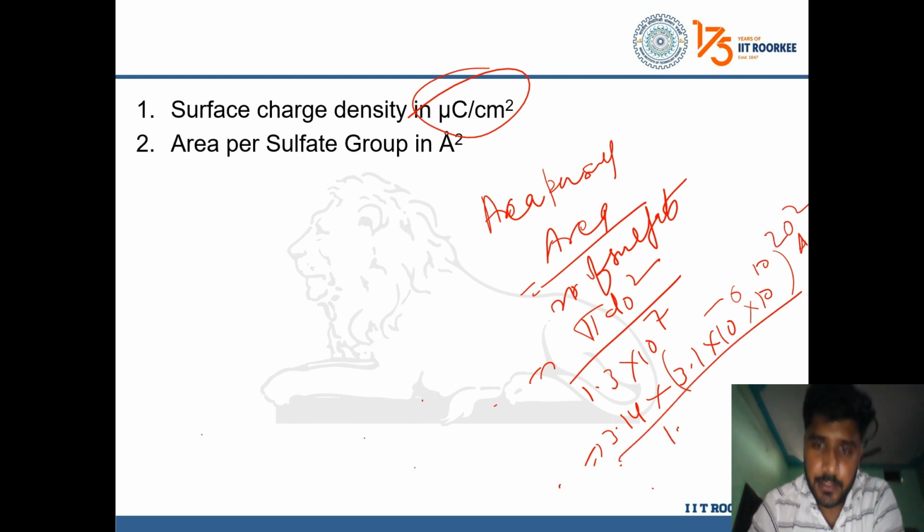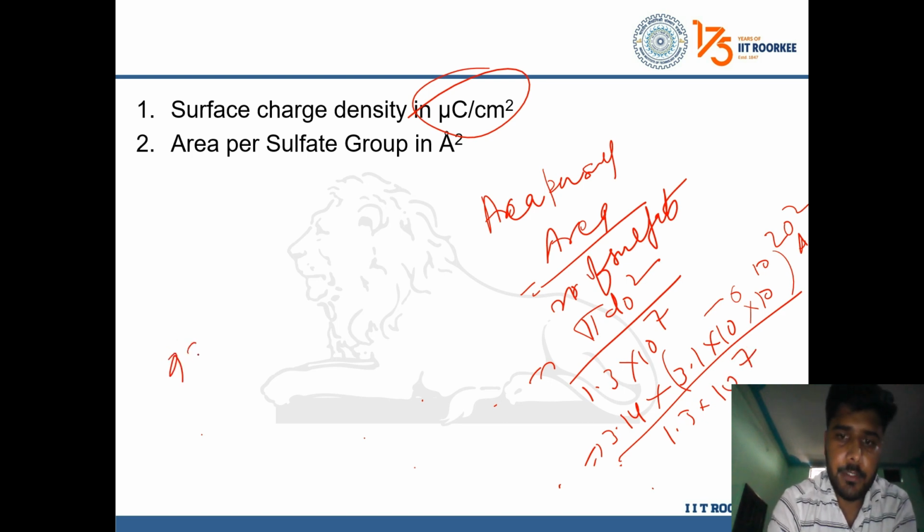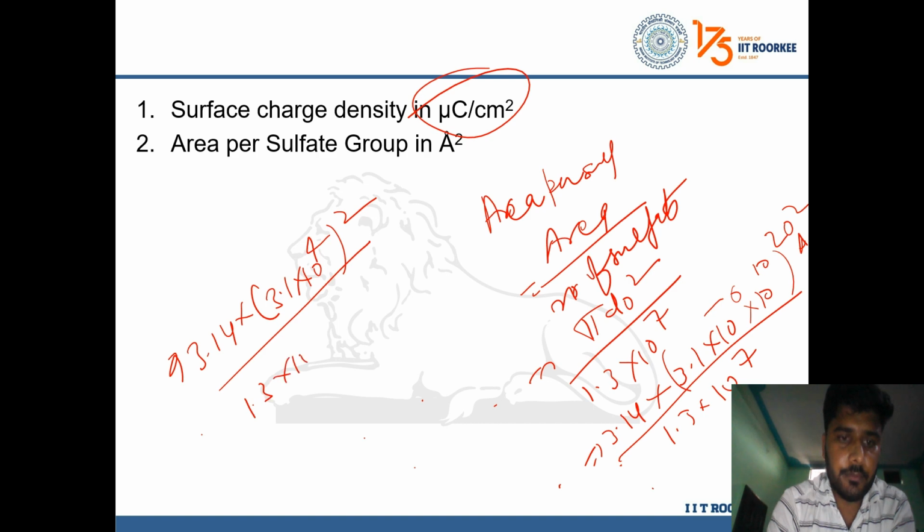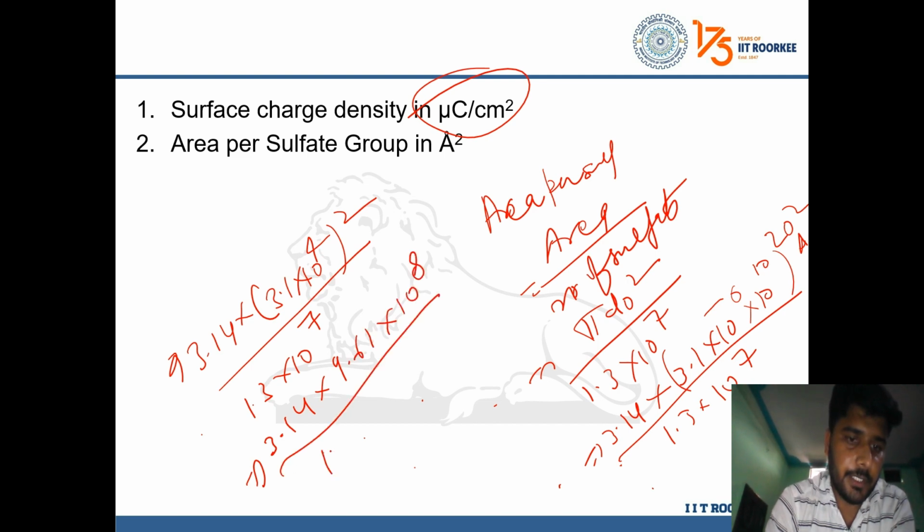And the 1.3 10 power 7, that will be 3.14 into 3.1 10 raised to 4 square, and divide by 1.3 into 10 raised to power 7.